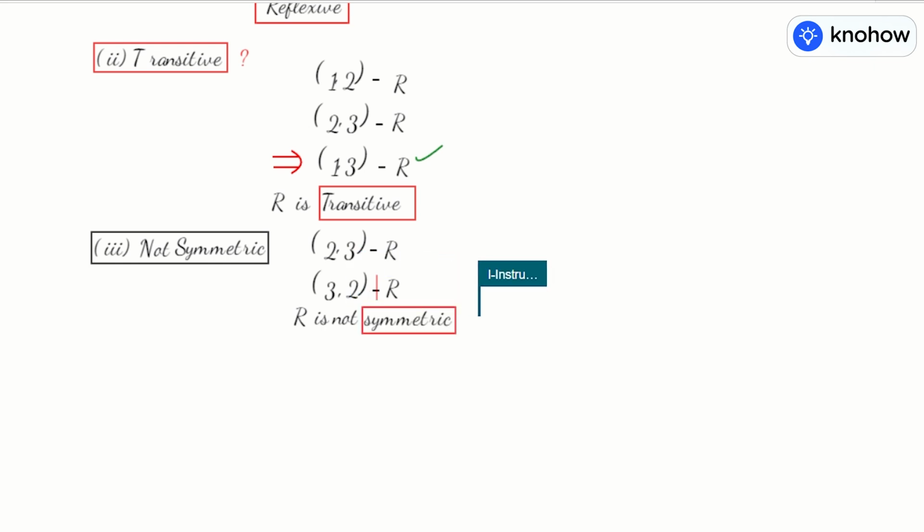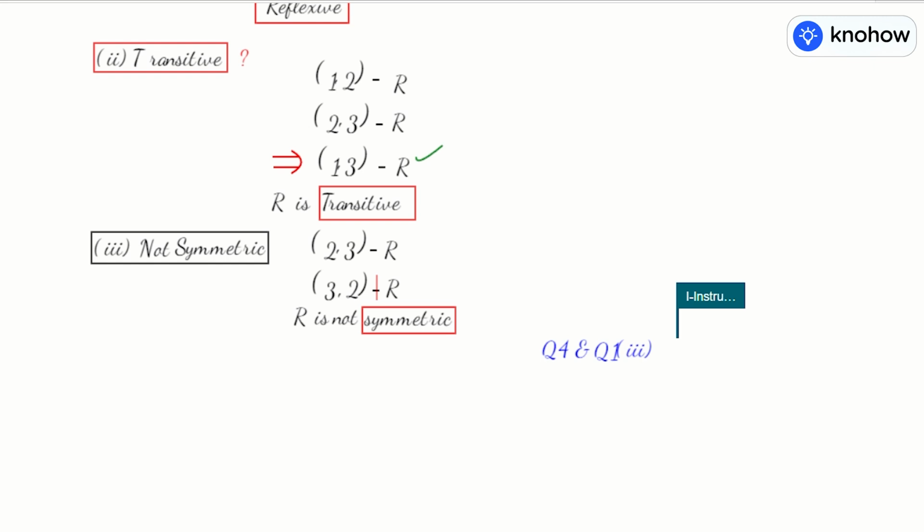For this very part, you may also check question number 4 and question 1, third part. Already we have proved in these two questions that the given relations are reflexive and transitive but not symmetric.